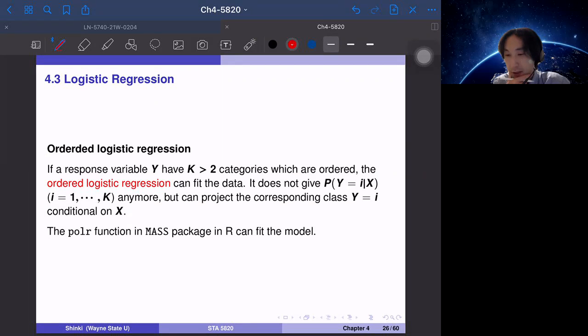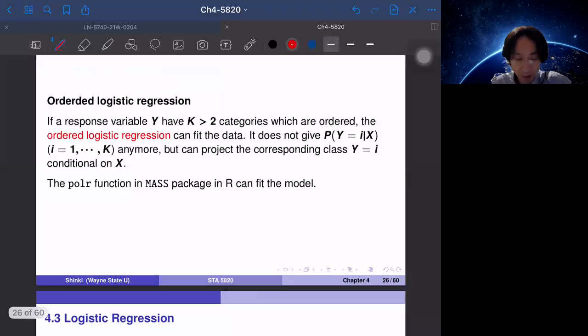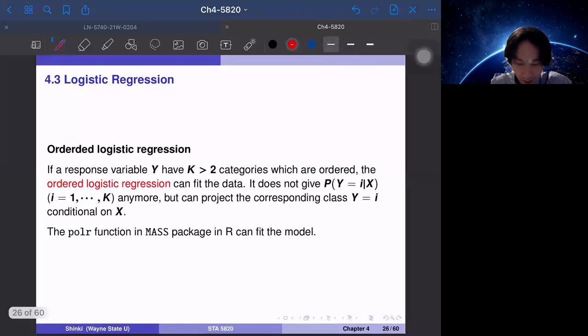R was developed mostly between 2000 and 2010, and neural networks were very popular in the 20th century and again after 2010. So originally, R wasn't very strong at dealing with neural networks for historical reasons. That's why it's missing from this textbook. I cover it in 7810 in more detail.